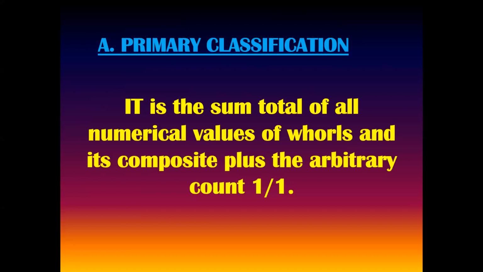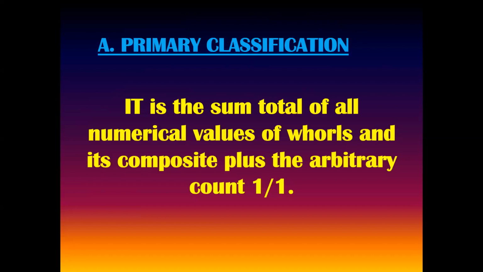Because if the pattern is non-whirl, then they are automatically given the value of 0. And if all patterns are non-whirl, then the value of the primary is 1/1 because of the arbitrary count of 1/1.